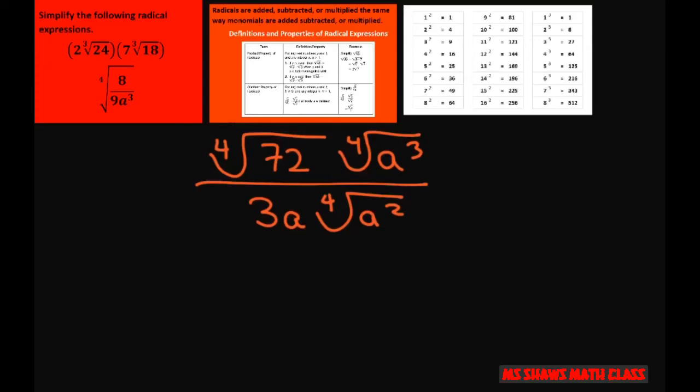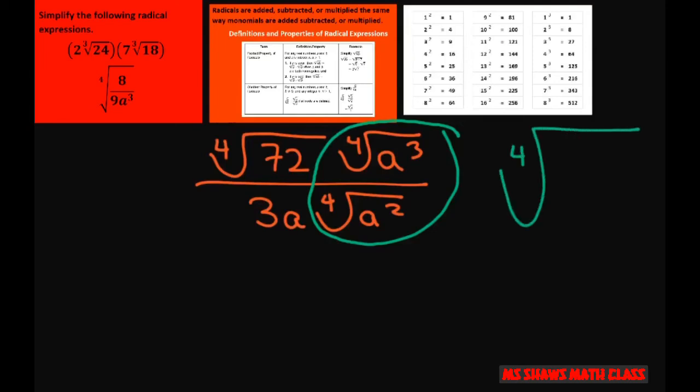Now, looking at this part here, I can rewrite this fourth root of a cubed divided by a squared. So that's going to be fourth root of a. And that's in the numerator because this divides out.